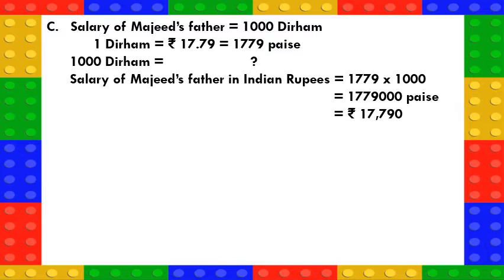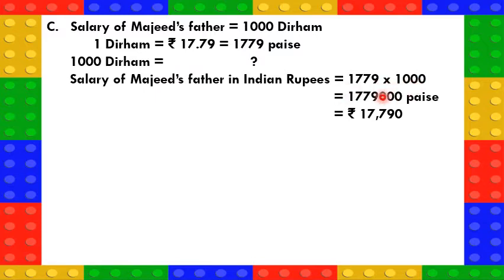Answer: Majid's father's salary is 1000 dirham. From the chart of Shivam Bank, we come to know that 1 dirham is rupees 17.79. That is 1779 paise. So 1000 dirham will be 1779 multiplied by 1000.